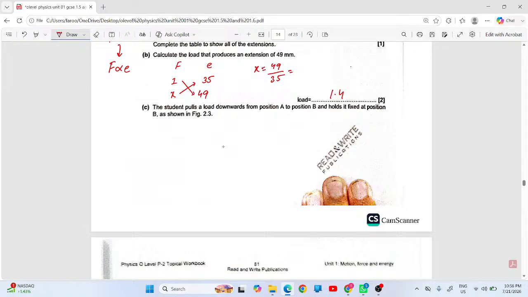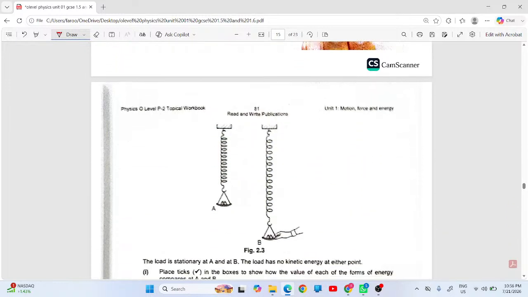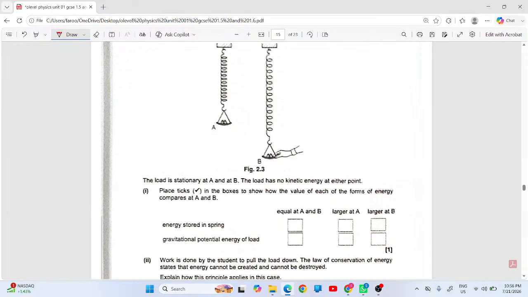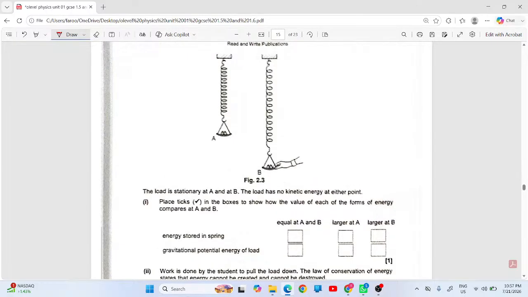Next is the student pulls a load downward from holds and holds it fixed at. Next is, we have two springs. Sir, nothing, sir. So we have two.